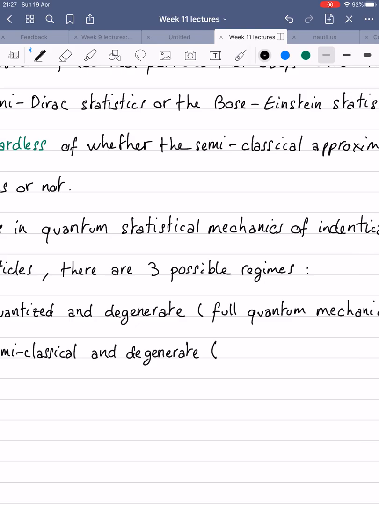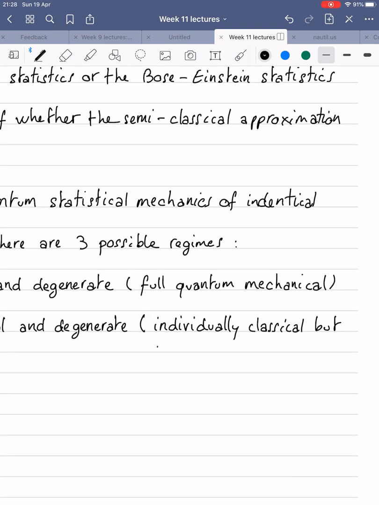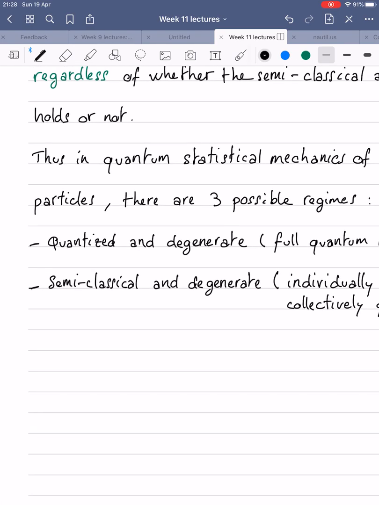What that means is that particles are individually classical, but collectively quantum. And then the other one is semi-classical and non-degenerate.